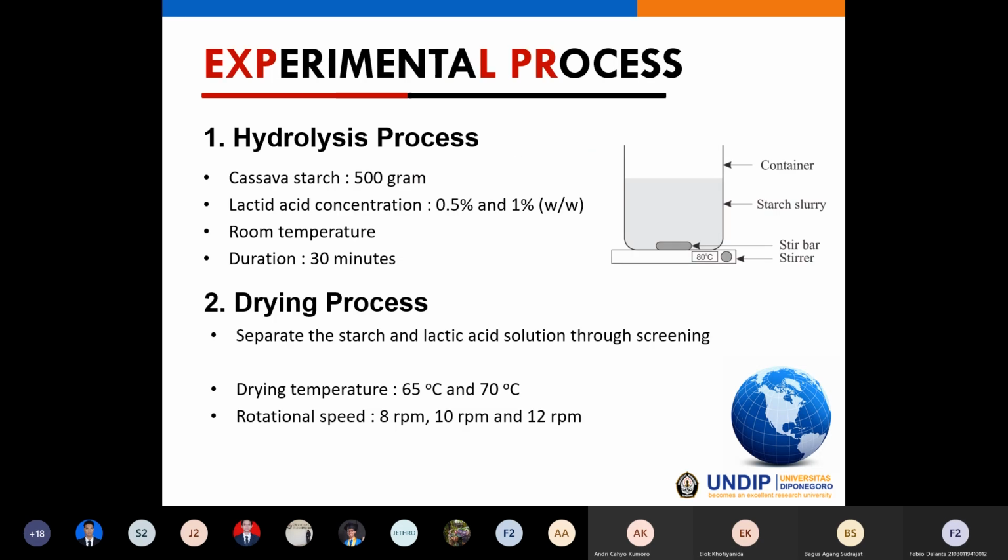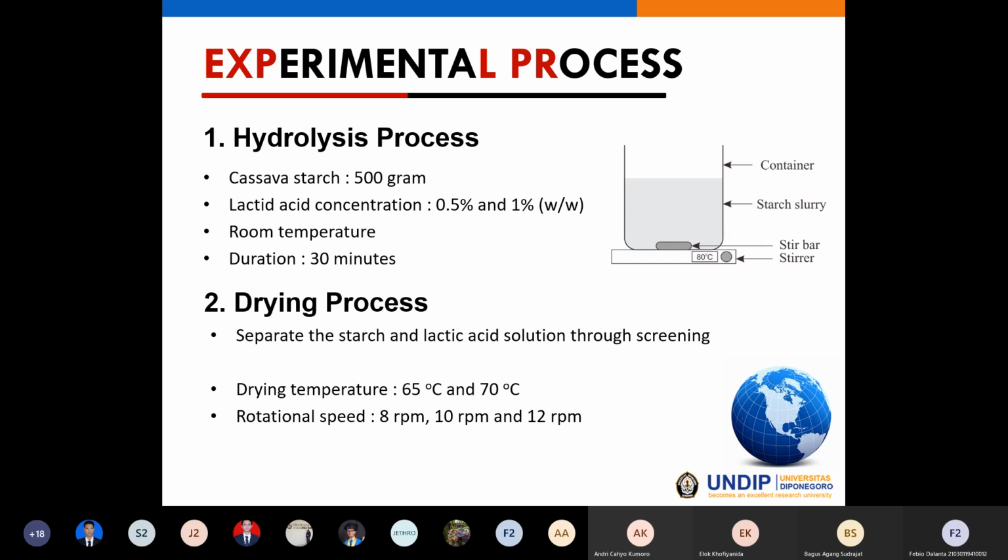So, the experimental process. The first process is the hydrolysis process. In this process, modified tapioca starch is made by mixing 500 grams of cassava starch into a lactic acid solution with a concentration of 0.5% and 1% in a stirred reactor at room temperature for 30 minutes.